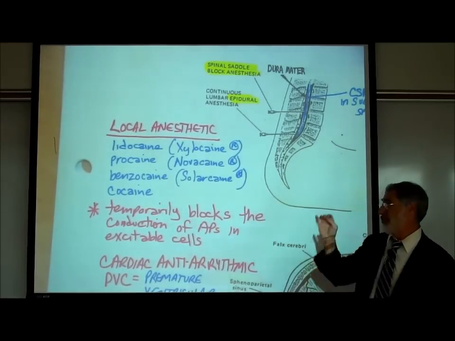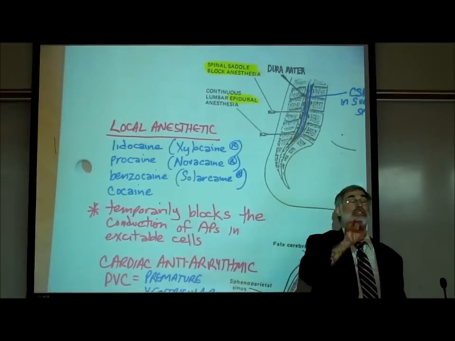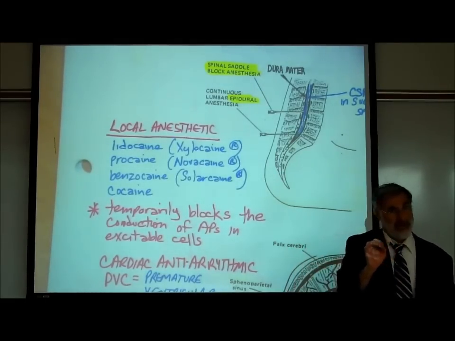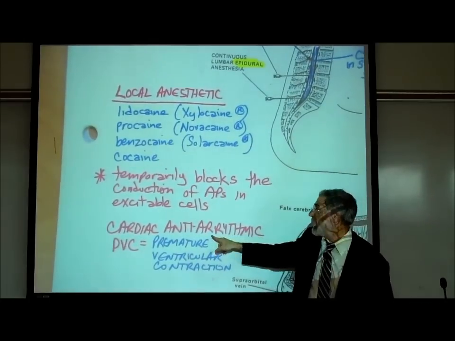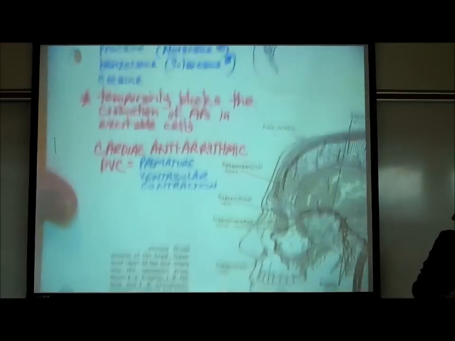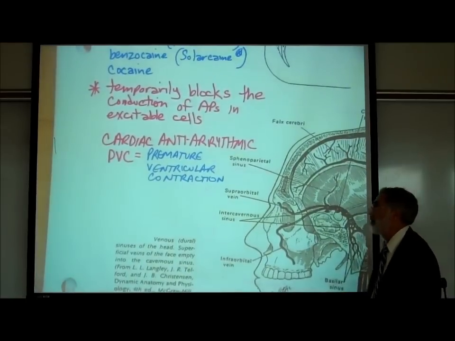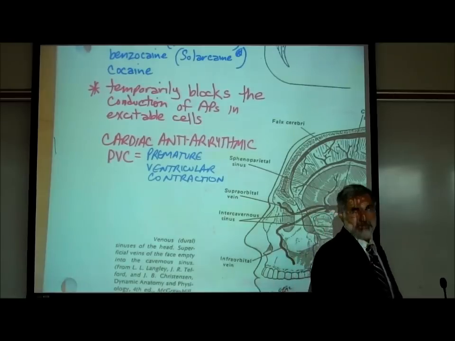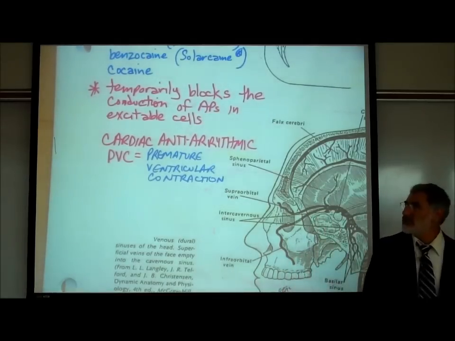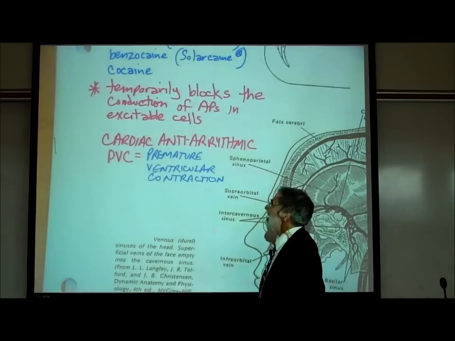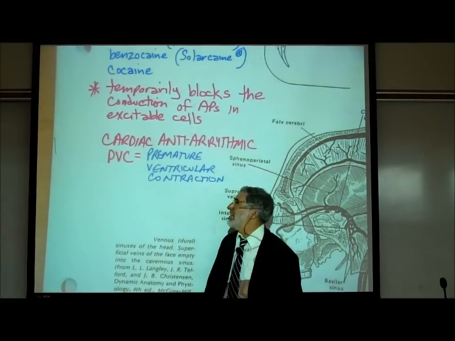But if I say the word lidocaine to most nurses or physicians, you know what they think of? They think of it as a cardiac antiarrhythmic. Lidocaine is the most important drug used in a hospital to treat electrical arrhythmias of the heart, abnormal electrical currents in the heart. And so they call lidocaine a cardiac antiarrhythmic.